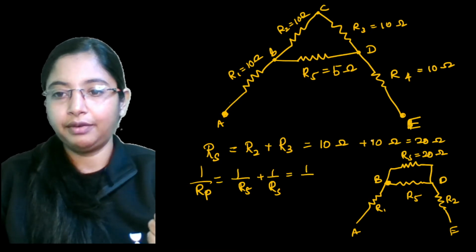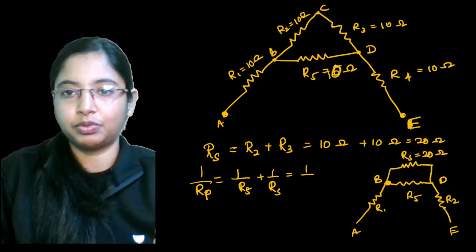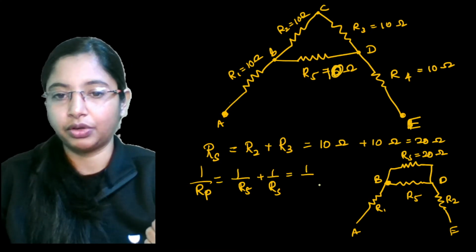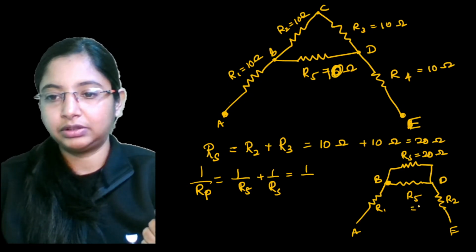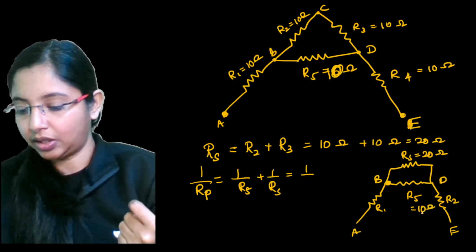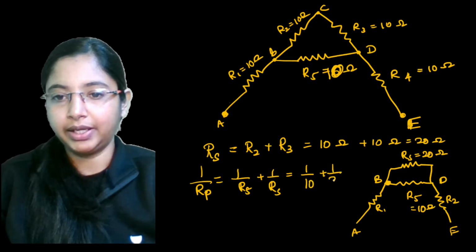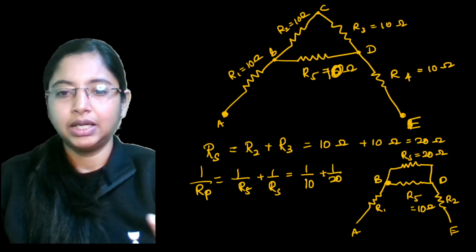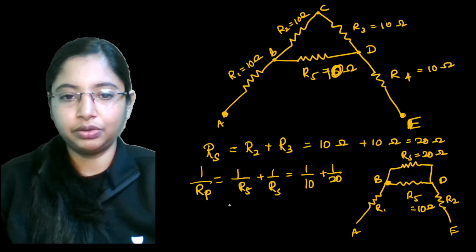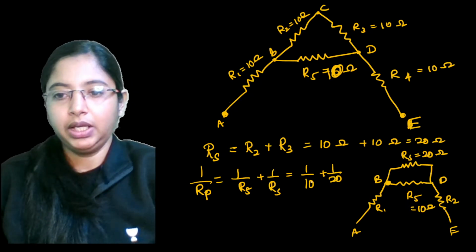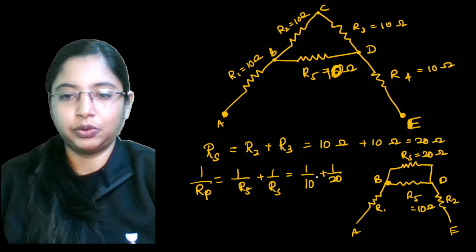R5 we know is around 10 ohms. So this will be 1 by 10 plus 1 by 20. To equate this, we will multiply this side by 2, right?